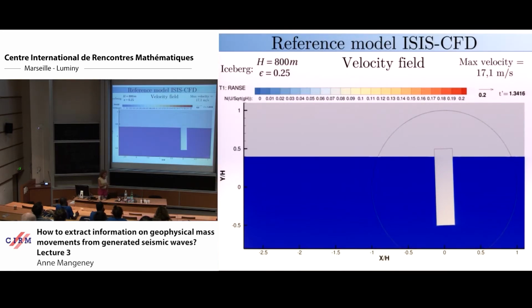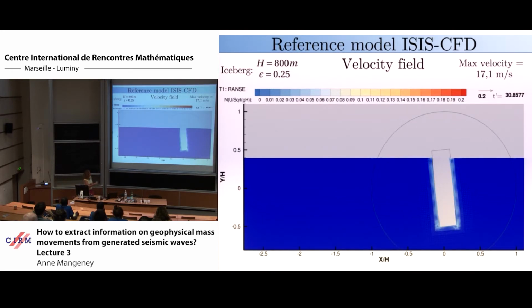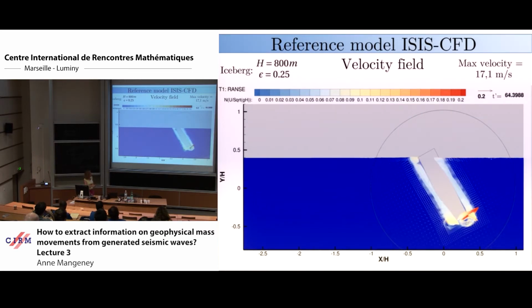Okay, so now let us look at the full Navier-Stokes free surface model. It is called ISIS here. You have the iceberg that is tilted at the beginning, and you will see the velocity represented by these different colors, and there are arrows here that you don't see, but you see the water starting to move around the iceberg. Here you see some vortex behind.